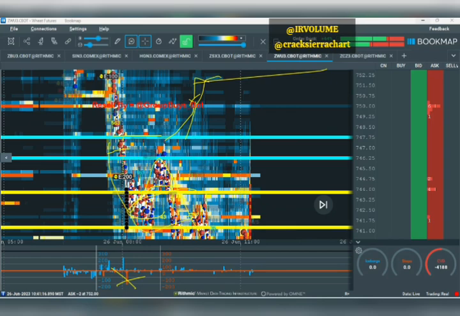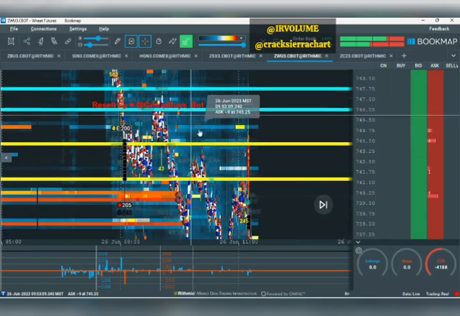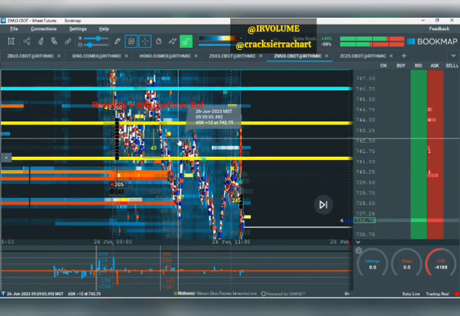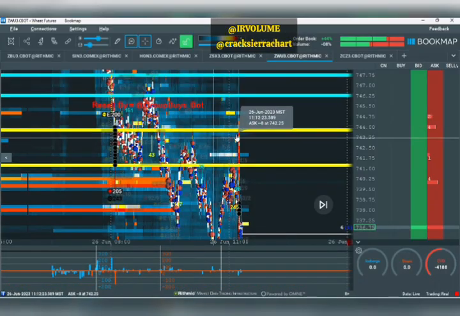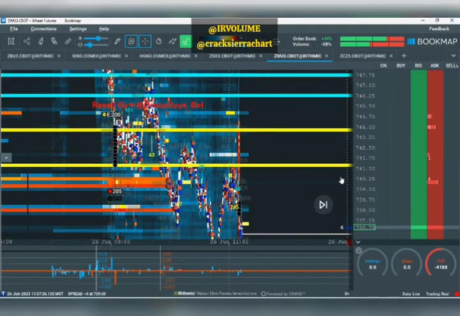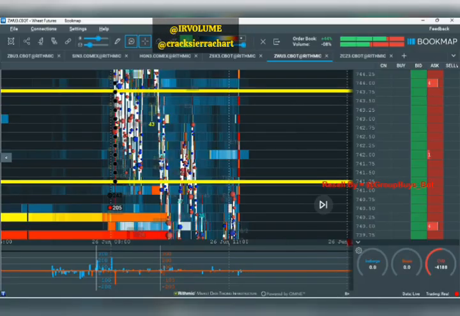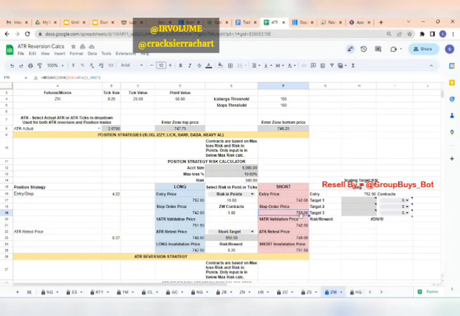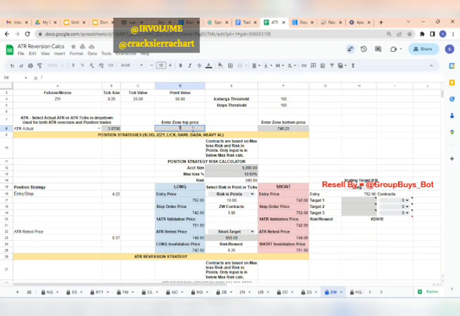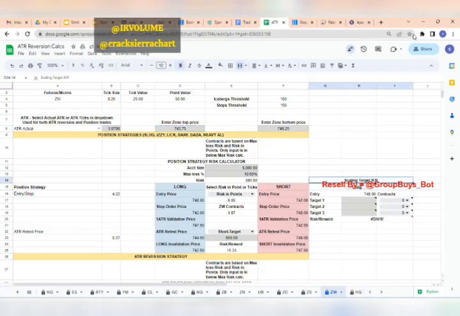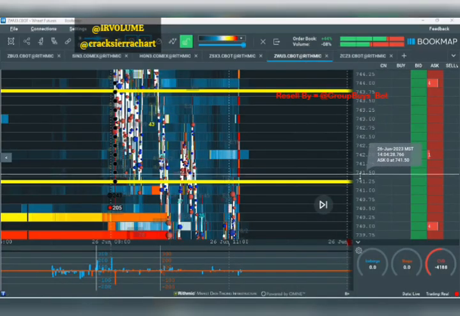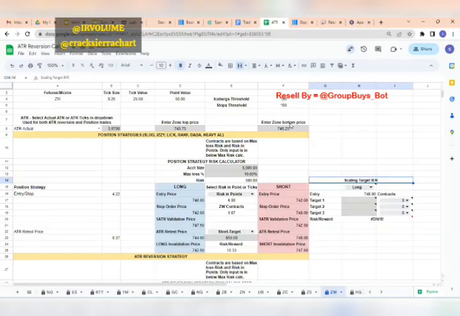Well, now that this new volume event came in, now I can put these values in, or again, if you don't have the spreadsheet, you can still figure out yourself what the ATR plus 15% is. So let's just put that zone in first and foremost. 743.75 is the top of the zone. And the bottom of the zone is 741.25.